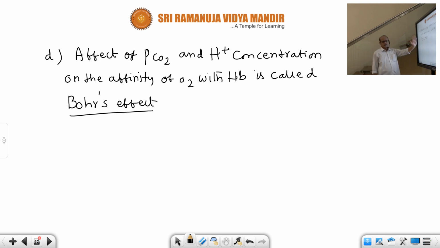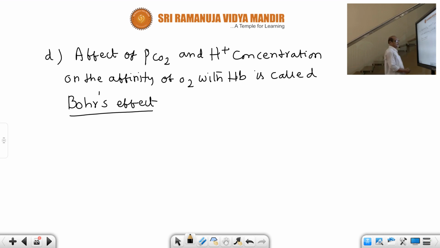Write down like this, a simple answer: the effect of PCO2, partial pressure of carbon dioxide, and hydrogen ion concentration on the affinity of O2 with hemoglobin is called Bohr's effect. Because the higher the concentration of PCO2 and hydrogen ions, the less it allows the association of O2 with hemoglobin. So the affinity of oxygen with hemoglobin is greatly reduced. That is called Bohr's effect.